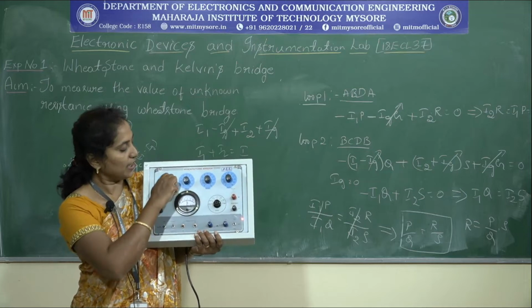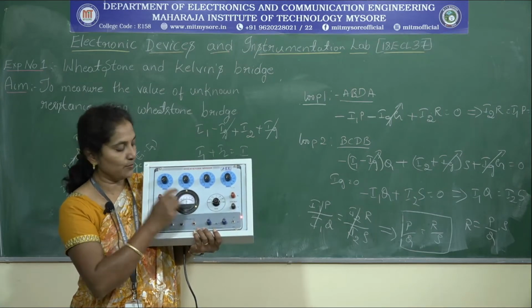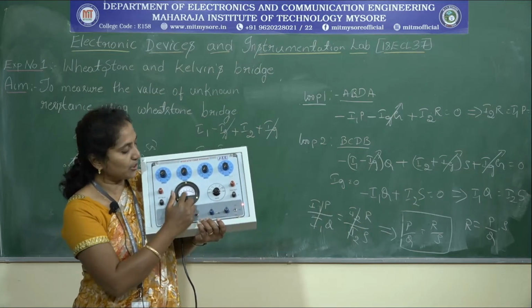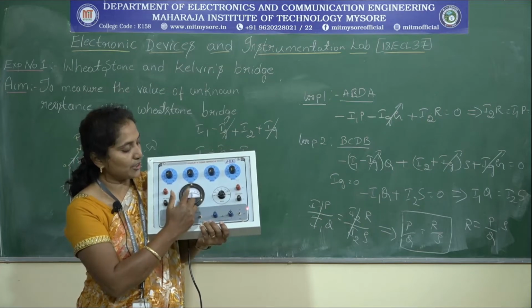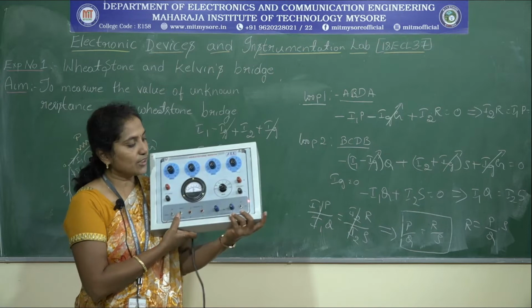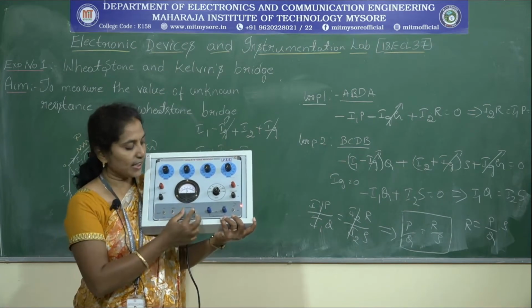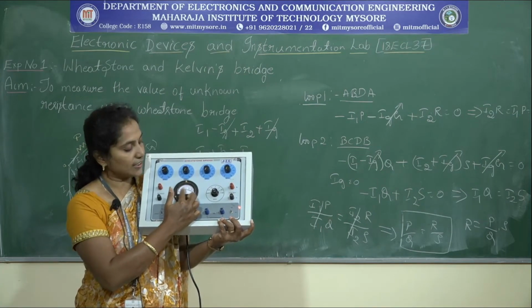I will vary 1 in terms of 1 kilo ohm. Now I will press both of these, and see here, the current is showing in the galvanometer. Then what you are supposed to do is vary this knob. Then again you press, again it shows the current.